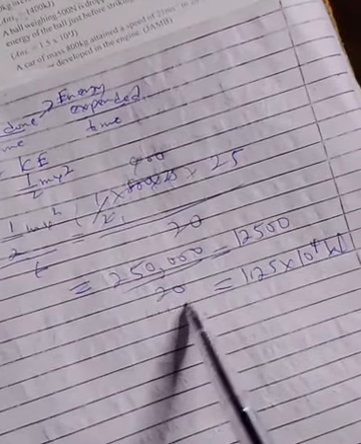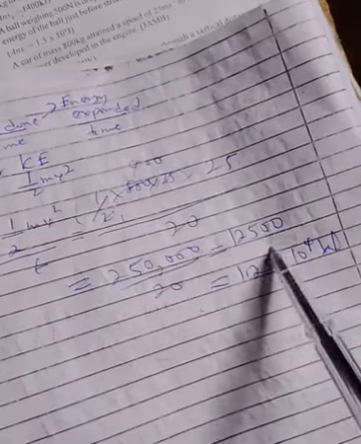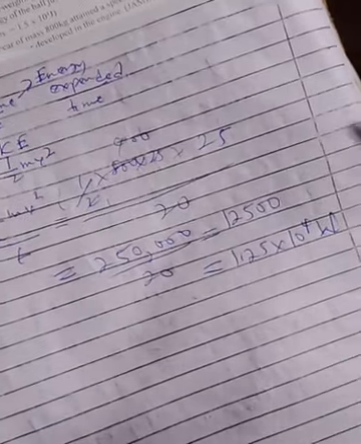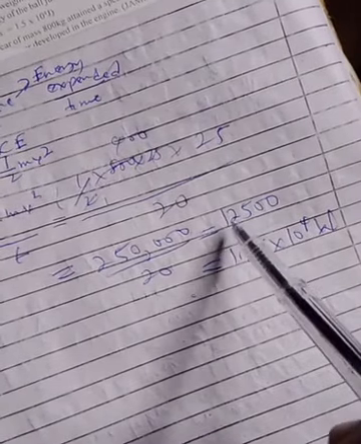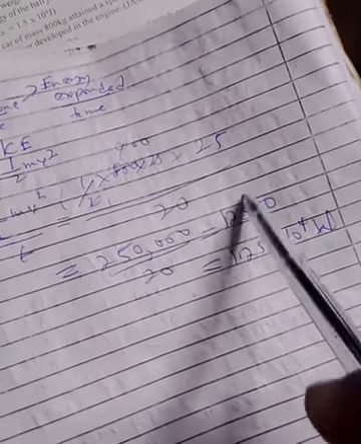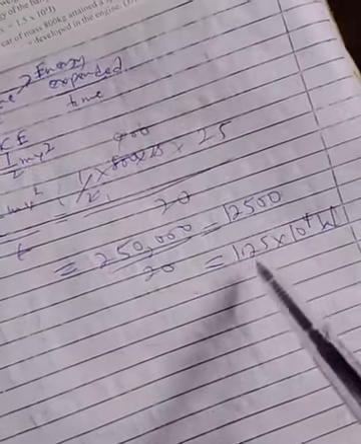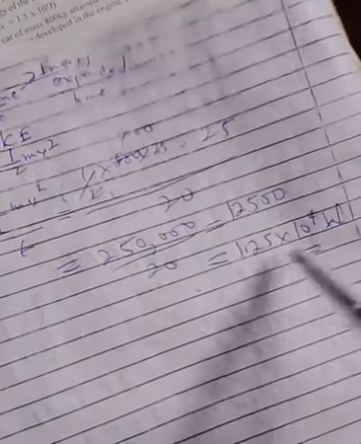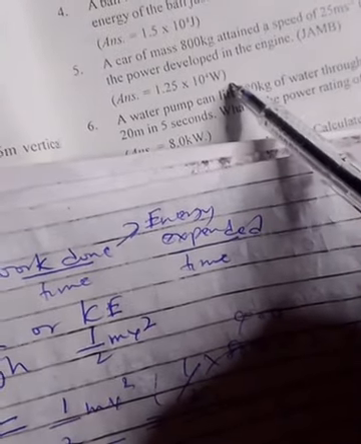Now 250,000 divided by 20 will give us 12,500. Now this 12,500, we will move our decimal point from here: 1, 2, 3, 4. So that's 10 raised to power 4. That's why the answer is 1.25 times 10 raised to power 4 watts, as you can see here.